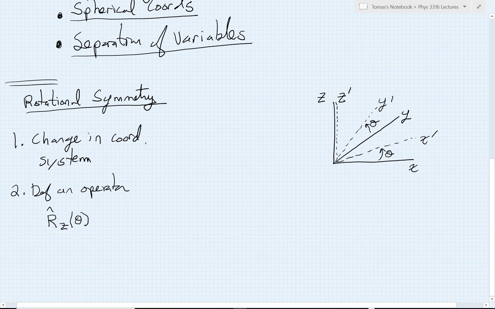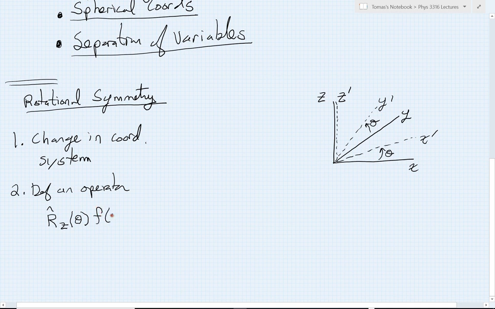And I want this rotation, when applied to any function, because it's an operator, it should be applied to a function, I want that to give me back what my function looks like in the new coordinate system. So f in terms of these now rotated coordinates, x prime, y prime, and z prime.